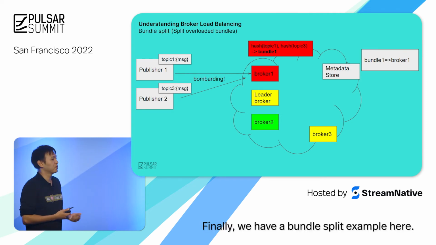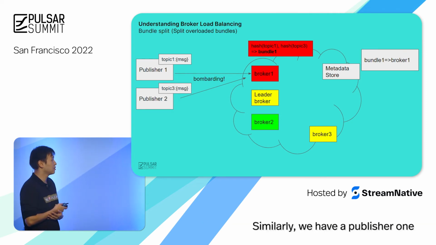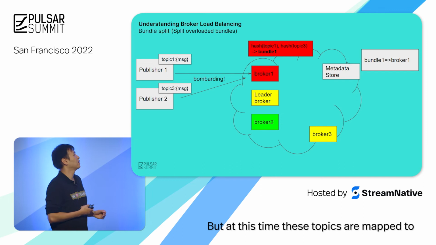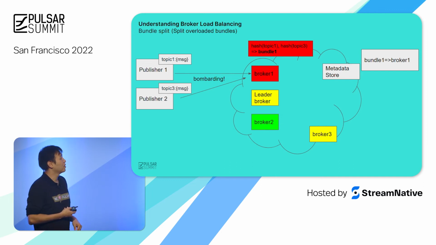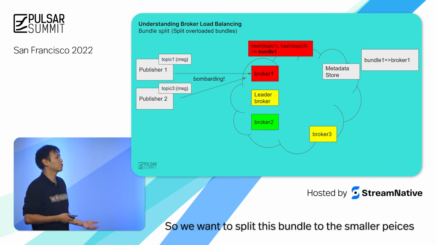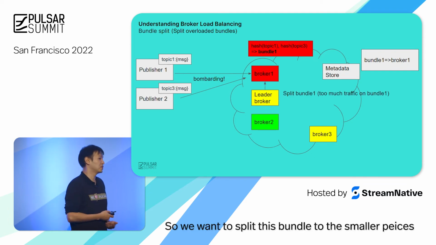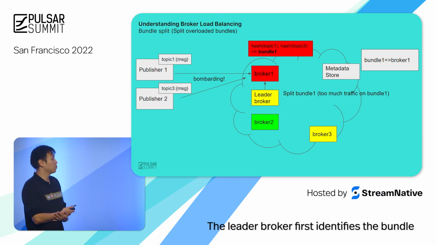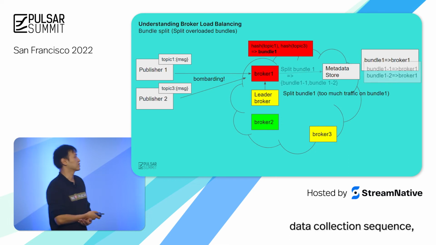Finally, we have a bundle split example here. Similarly, we have publisher 1 and publisher 2 bombarding broker 1. But this time, these topics are mapped to a single bundle, in this example, bundle 1. So we want to split this bundle into smaller pieces. The leader broker first identifies that bundle 1 is overloaded from the same global load data collection sequence.